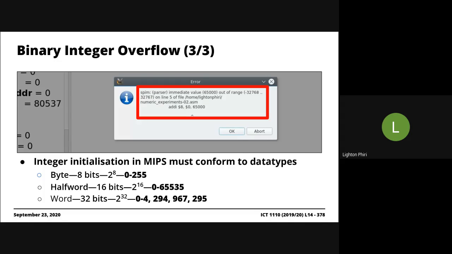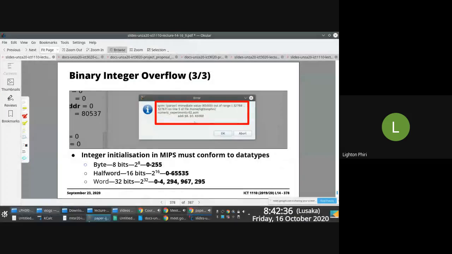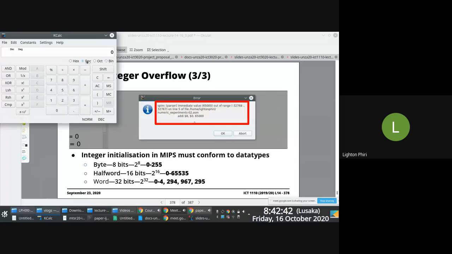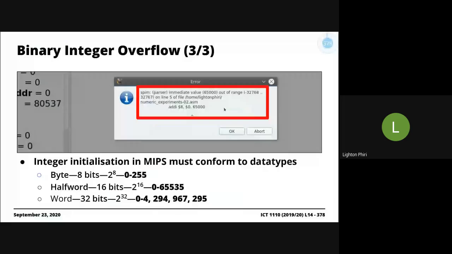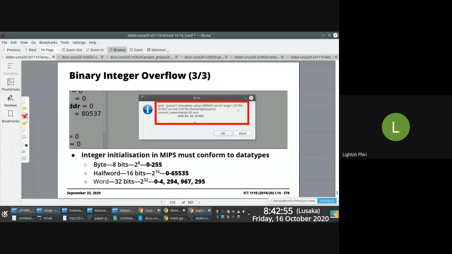You will notice here that I get an error. In this case I was attempting to add 0 to 65,000, and you will notice that it's telling me that in 2's complement, I can only represent a range of integers from negative 32,768 all the way up to 32,767.